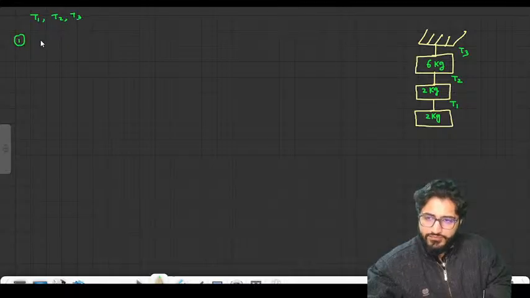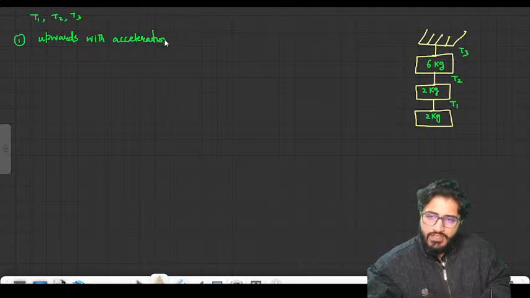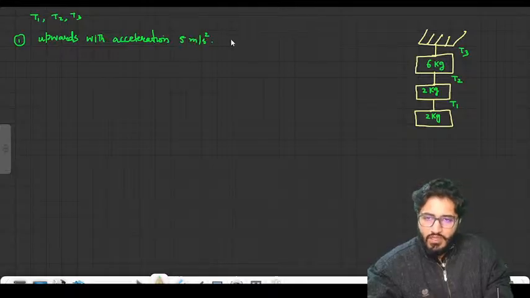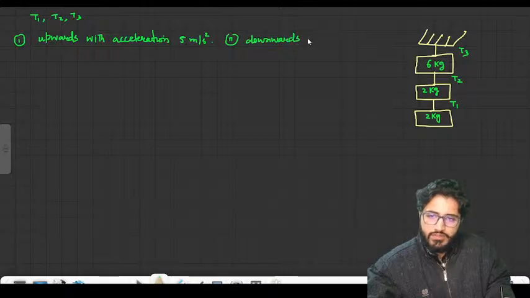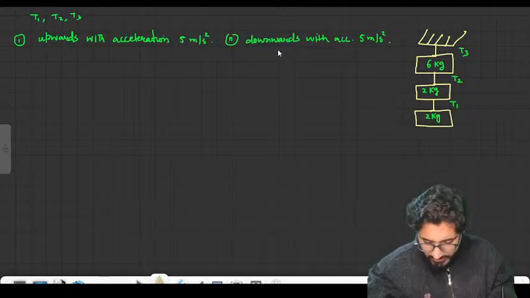First case, the lift is going upwards with acceleration 5 meters per second square. Second one, downwards with acceleration 5 meters per second square. Done.